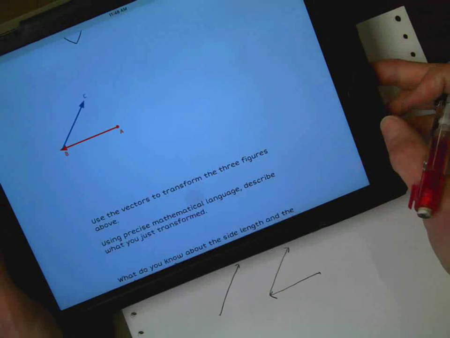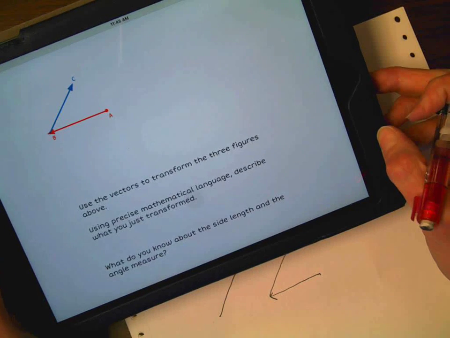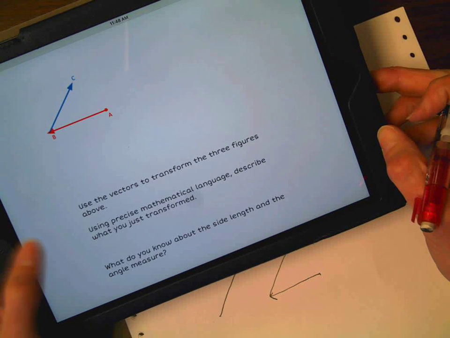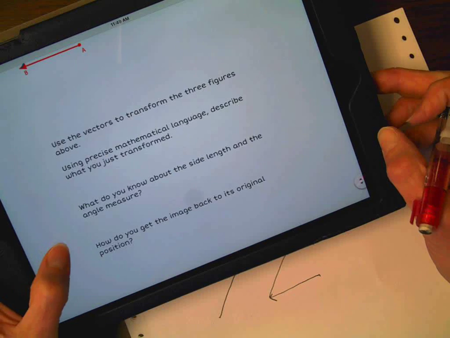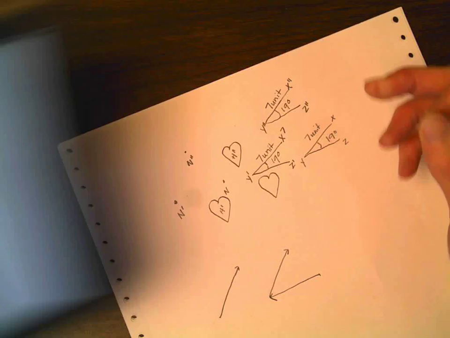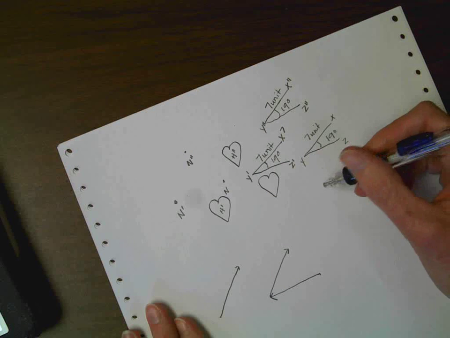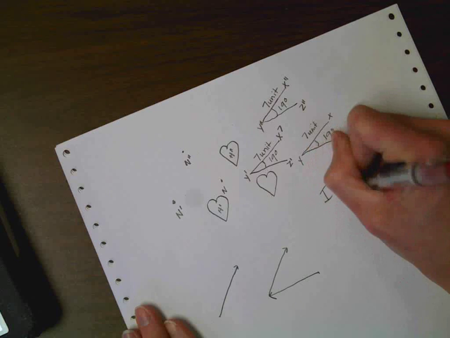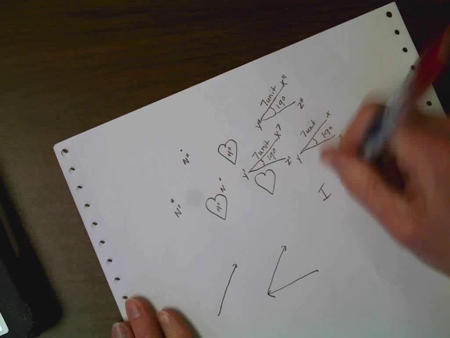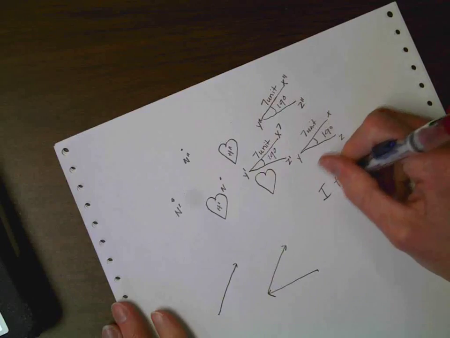So it says on our notes, use the vectors to transform the three figures above. Using precise mathematical language, describe what you transformed. What do you know about the side lengths and the angle measures? How do you get the image back to its original position? Okay, so let's talk about what happened first. It says use precise language. So we're going to say I transformed. Actually, it's not transformed. It's translated because I used vectors.